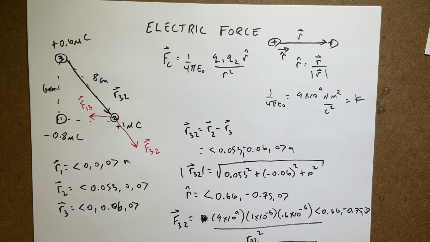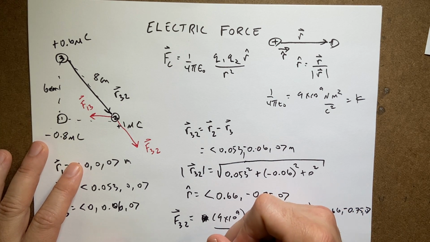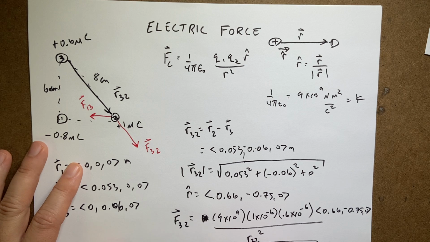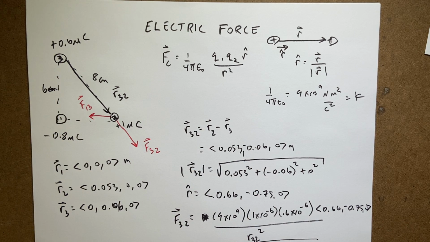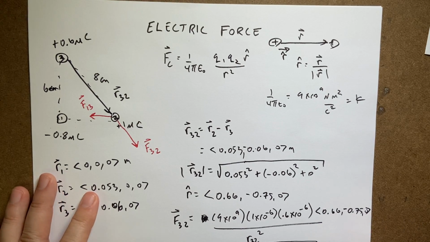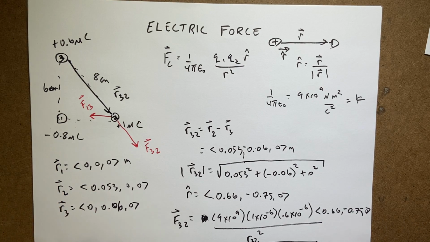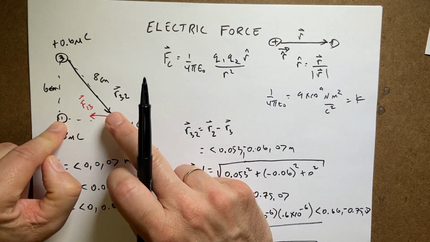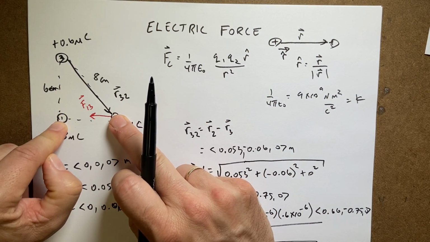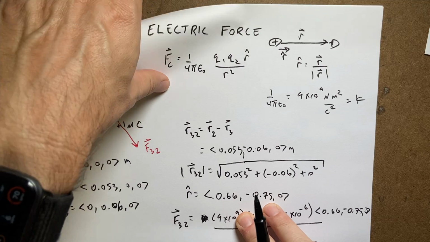Let's just double check. Does that make sense? Let's put that right here. Because it is going down and to the right, and this is to the right and down, so that's good. Okay, so we're going to need that force in the next case. So now we're going to find this force, which is a lot easier, because it's all in the x direction.